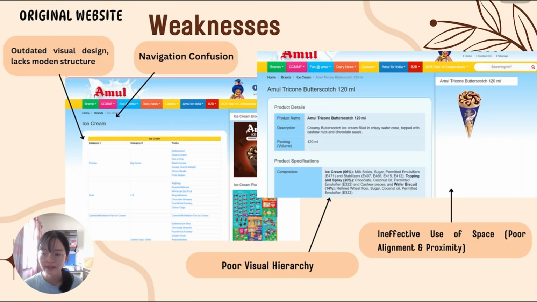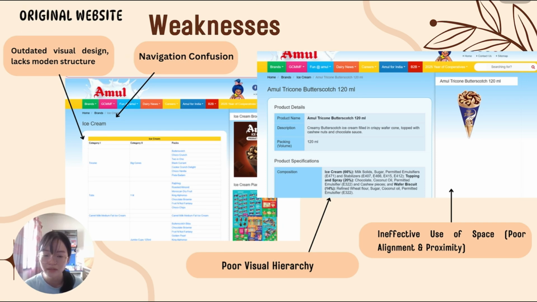Here are the weaknesses of the original website too. For the first one, outdated visual design, like static image thumbnails in rows. There are no sliding or modal card-based elements. Navigation confusion is also one of the weaknesses because the user doesn't know what to do next, and the top menu blends into the background.